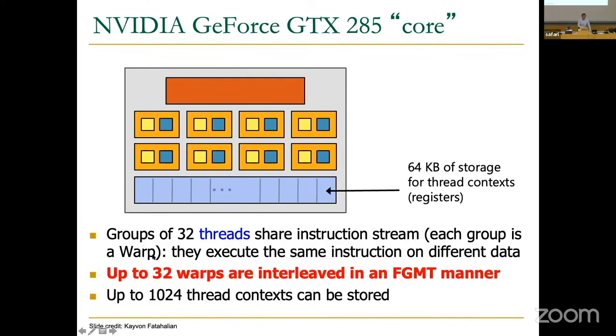Each group is a warp, as we've discussed. And they were able to interleave up to 32 warps in a fine-grained multithreaded manner. Essentially, you have 32 threads in a warp, and then you have 32 warps. Your pipeline is much smaller. It could be 5 or 6 stages, for example, they don't disclose it. So you actually have a lot more warps than you can feed into the pipeline stages.